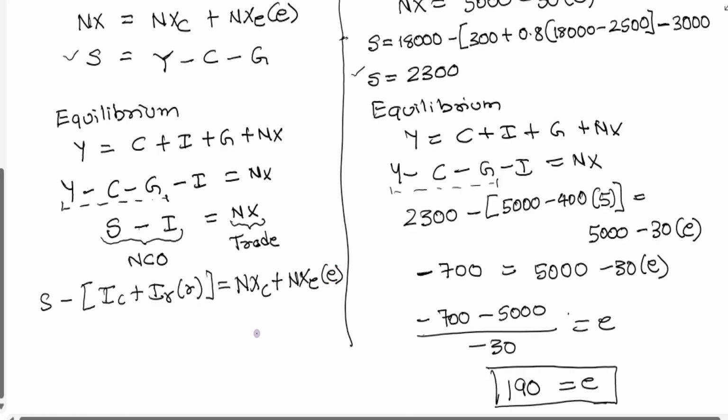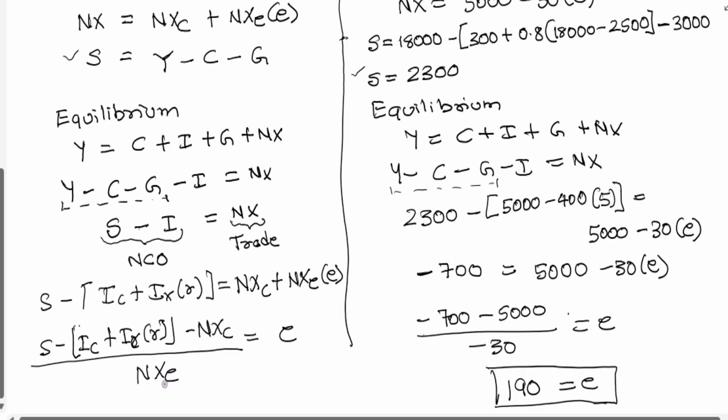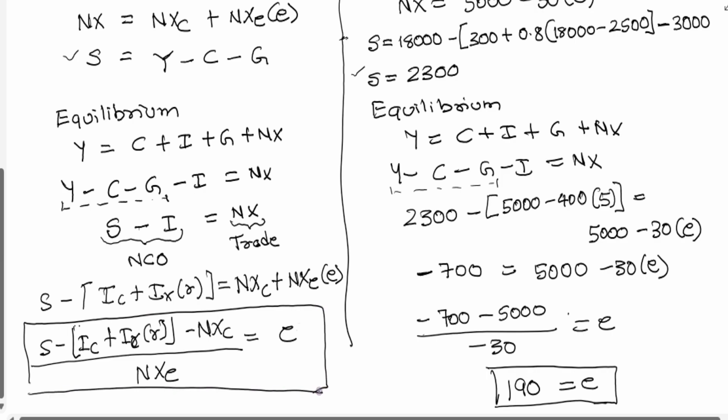So, here too, when you solve for E, you get S minus IC plus IR times R minus that part of NX which is not related to exchange rate, and then divided by how sensitive NX is to exchange rate. So, that becomes the equilibrium exchange rate in the analytical framework.